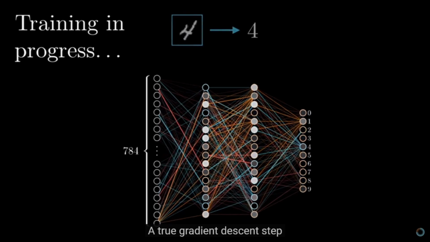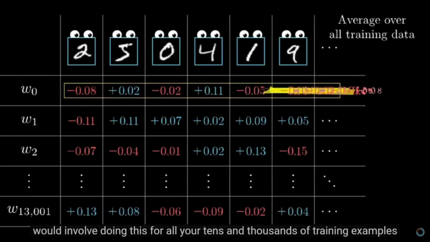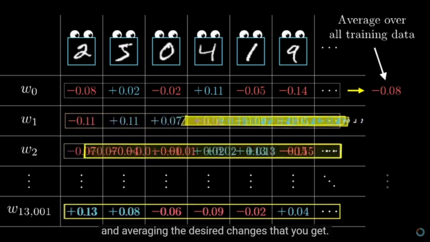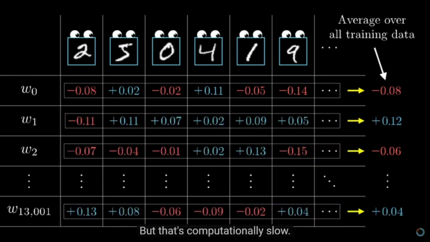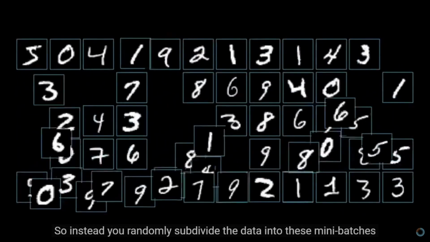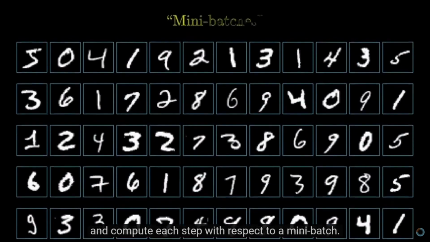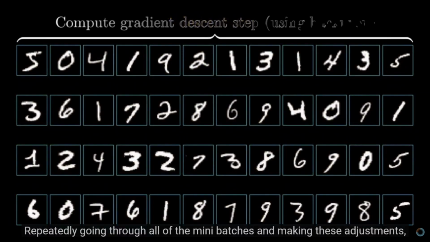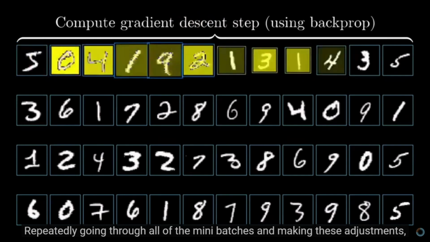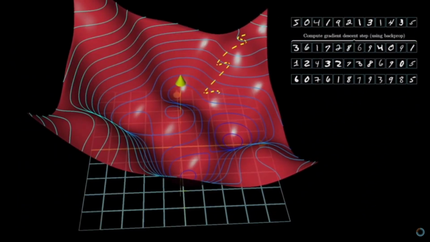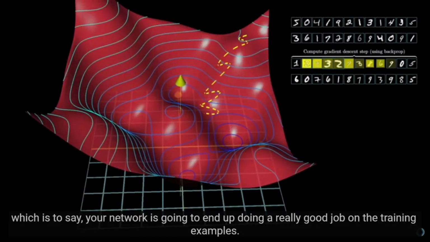A true gradient descent step would involve doing this for all your tens of thousands of training examples and averaging the desired changes that you get. But that's computationally slow, so instead you randomly subdivide the data into these mini batches and compute each step with respect to a mini batch. Repeatedly going through all of the mini batches and making these adjustments, you will converge towards a local minimum of the cost function, which is to say your network is going to end up doing a really good job on the training examples.